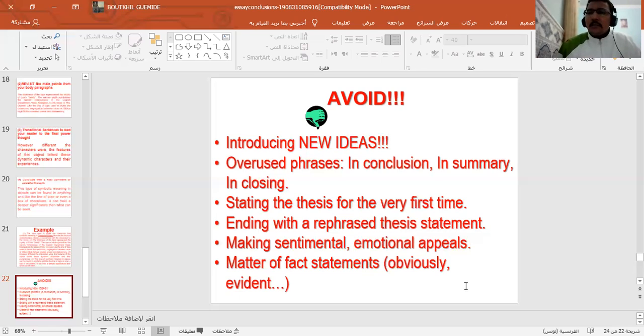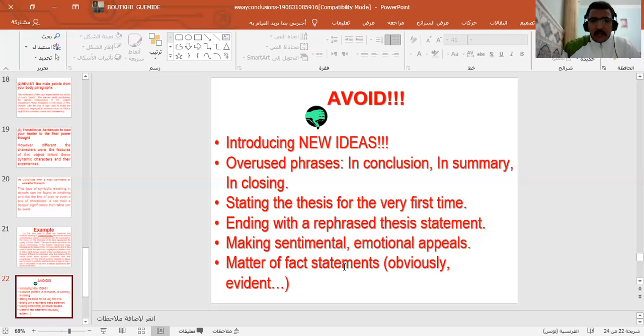Your last sentence is left for the last word that really represents the powerful thought, that really helps your reader to be convinced of your main point or your point of view.